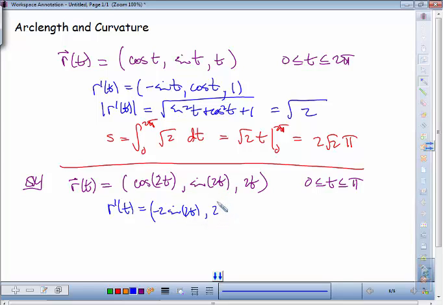For 2 of them, 2 cosine t, and then this is just a constant 2, and then the magnitude is going to be square root of all this added together.